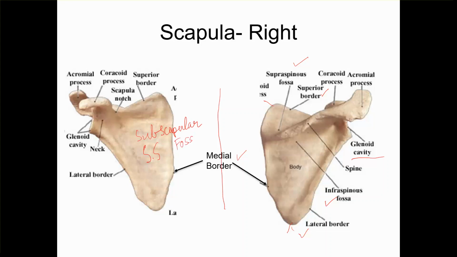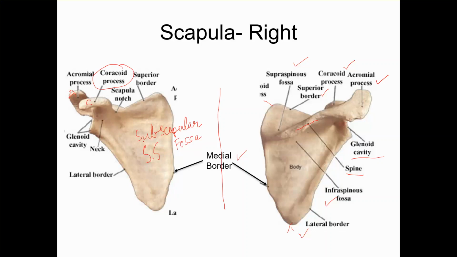And then three processes. This will be the spinous process, also in short form you can say spine, and it continues to form the acromial process, and then on the superior border you will trace for the coracoid process. You can see the coracoid process well here. That's the coracoid process. This is the acromion process.